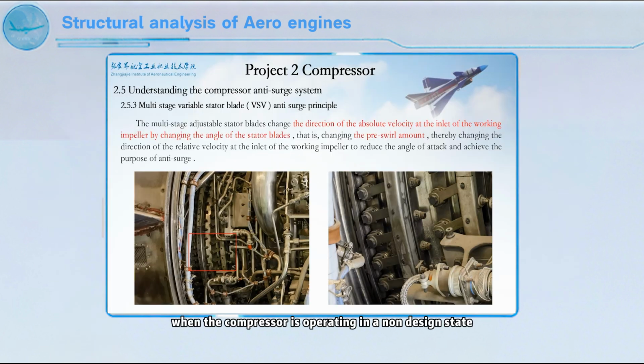When the compressor is operating in a non-design state, the multi-stage adjustable stator blades change the direction of the absolute velocity at the inlet of the working impeller by changing the angle of the stator blades, that is, changing the pre-swirl amount, thereby changing the direction of the relative velocity at the inlet of the working impeller to reduce the angle of attack and achieve the purpose of anti-surge. Most modern advanced engines use multi-stage adjustable stator blades to prevent compressor surge.